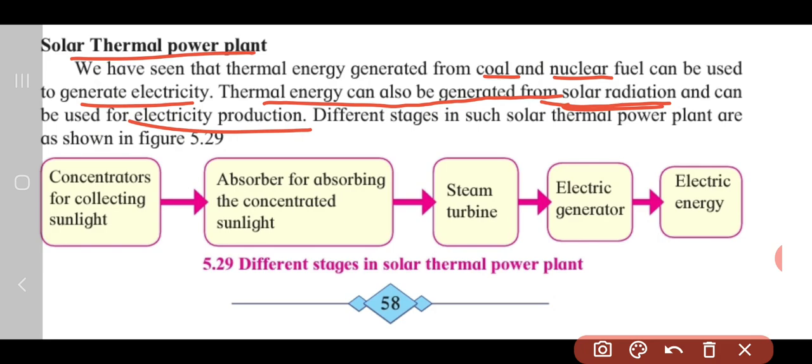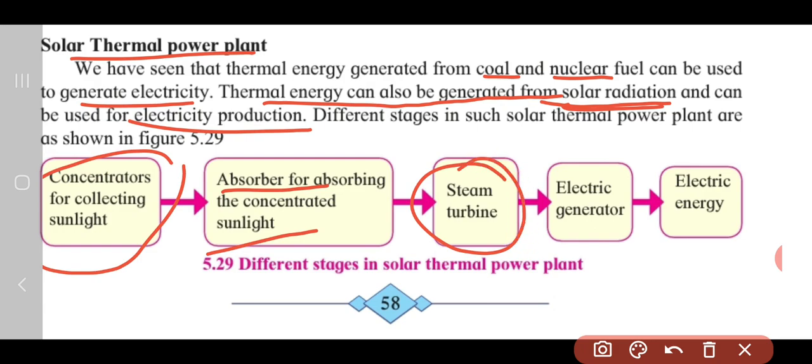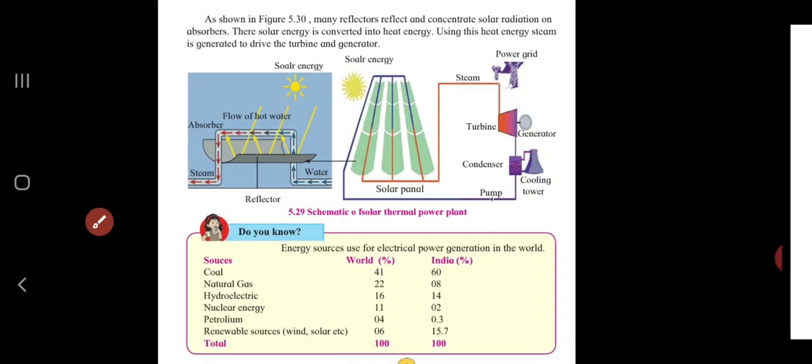The different stages are: concentrators for collecting sunlight, so that the sunlight can be concentrated on one particular point; then an absorber for absorbing such concentrated sunlight, which passes it on to water and converts water into steam; and then the steam drives a turbine. Due to the steam the turbine moves, and the turbine is connected to an electric generator, and then electricity is generated. So these are the different stages in a solar thermal power plant.